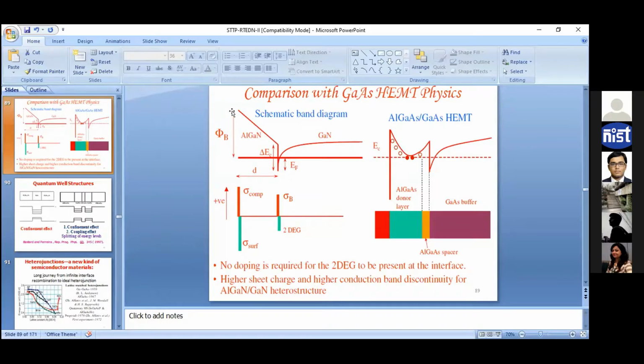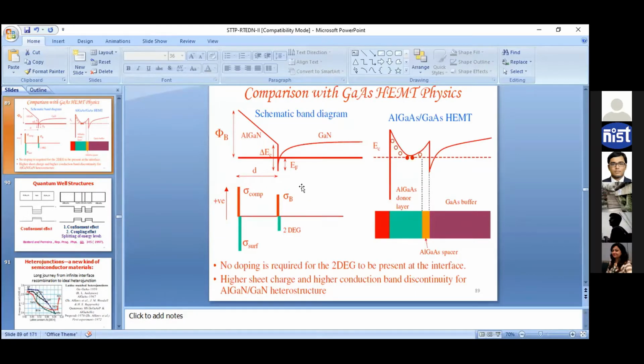When we give a metal contact, that is then not the barrier height. So it will be at the junction or at the left side.